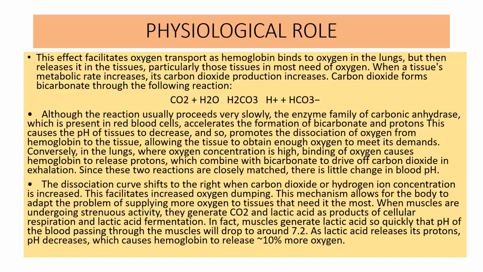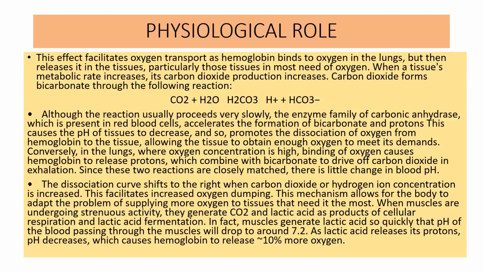This mechanism allows the body to adapt to the problem of supplying more oxygen to the tissues that need it the most. When muscles are undergoing strenuous activity, they generate carbon dioxide and lactic acid as the product of cellular respiration and lactic acid fermentation.